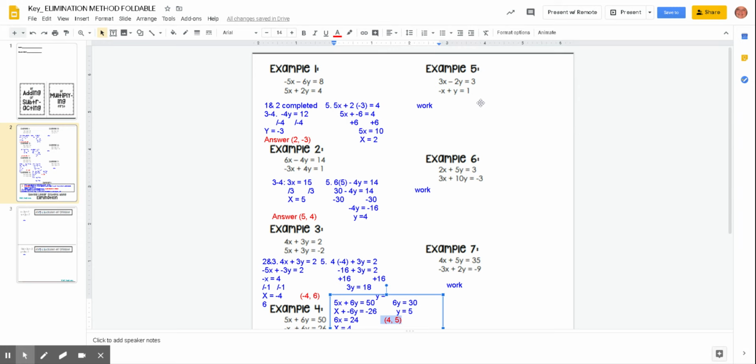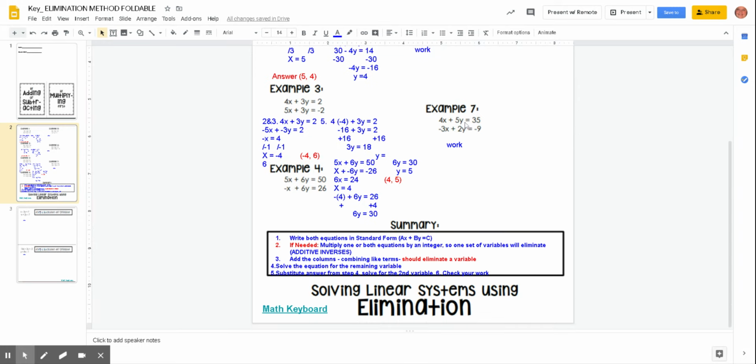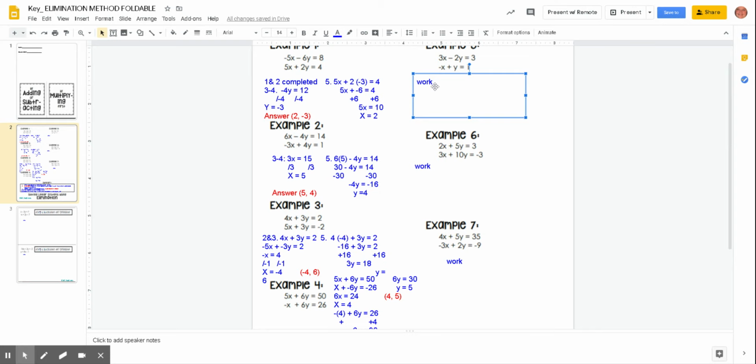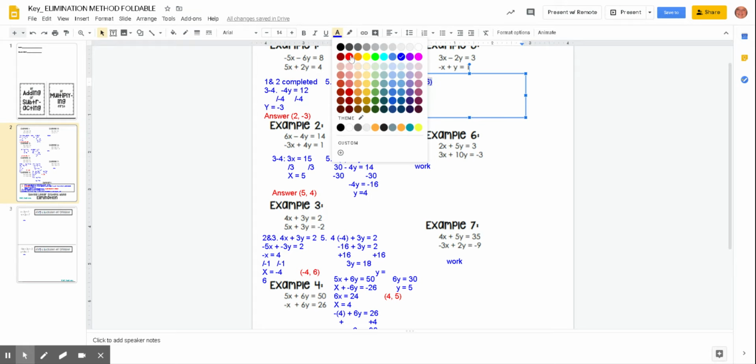And if we did all of the work, which we're not going to do because I don't want you guys to watch an hour-long video, but you can certainly go back and check your work if you would want to, just to make sure that you can get it right. It would be 5 and 6. So coordinate point 5, 6 is where these two lines would cross over on a graph.